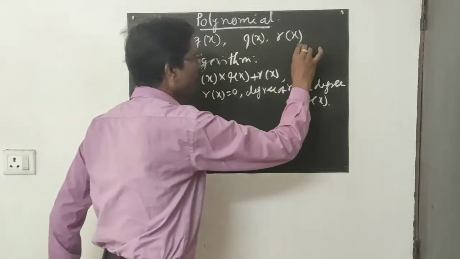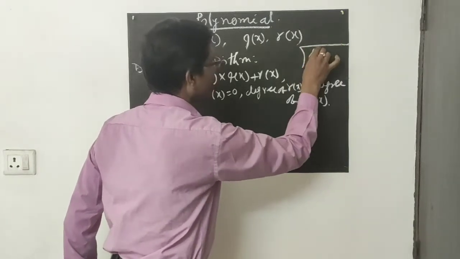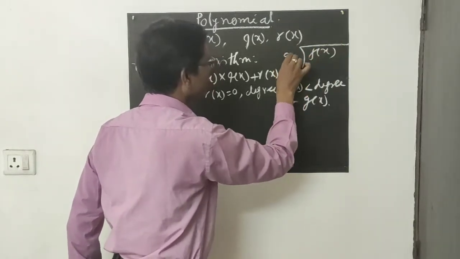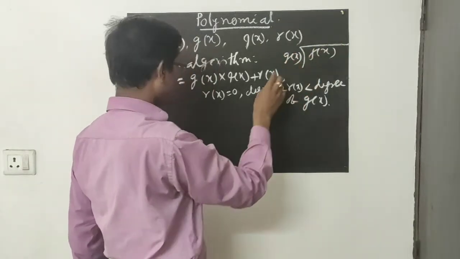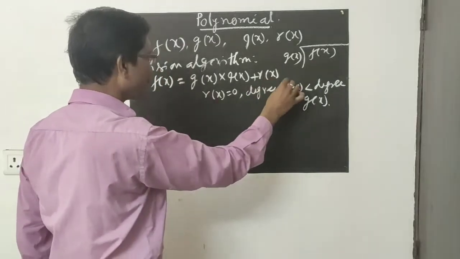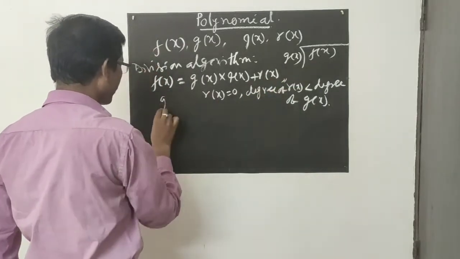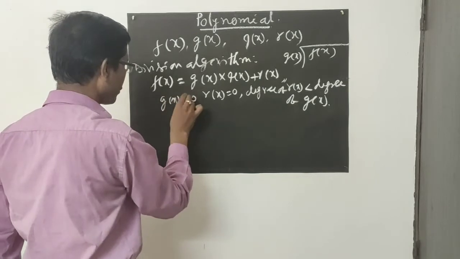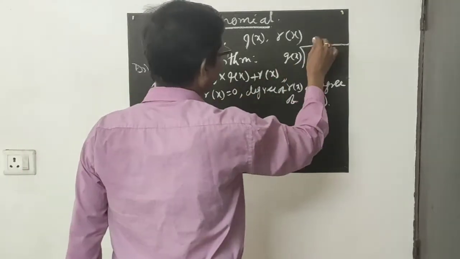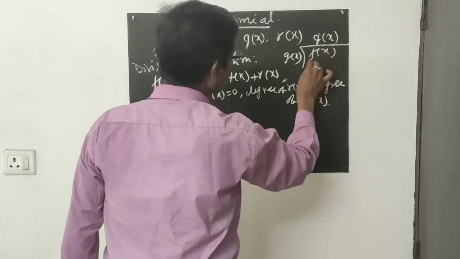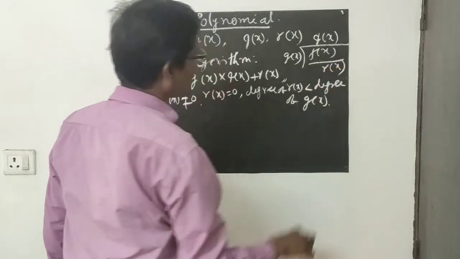Means in the division rule, when f(x) is divided by g(x), and this g(x) should not be equal to 0, that is also a very important part, then you get q(x) as the quotient and r(x) as the remainder.